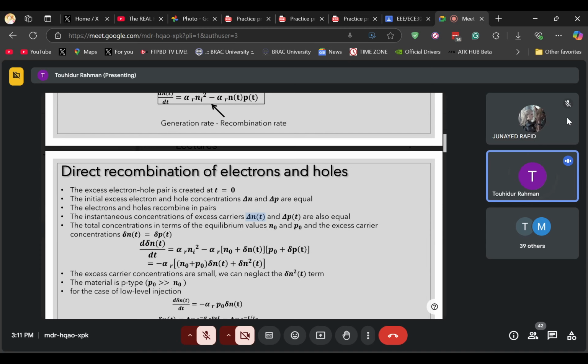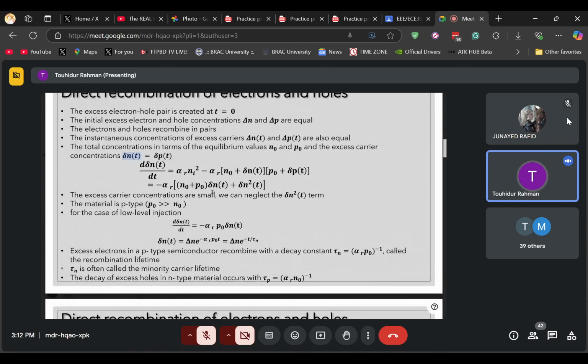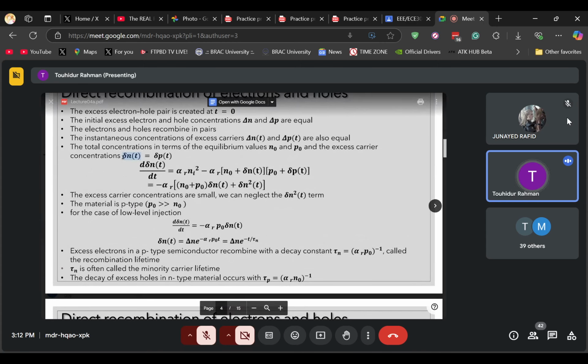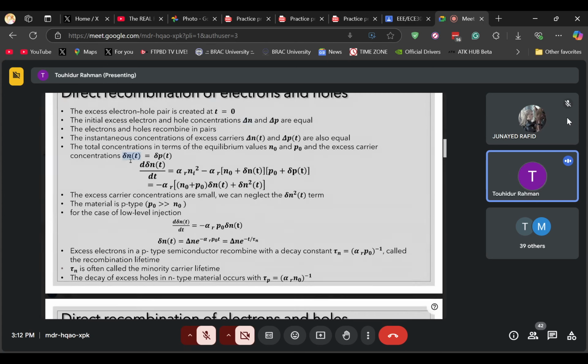And we know the excess carriers are equal because they are created as electron hole pairs. We are going to use this notation: this is the excess carrier at t equal to 0, and this one, del n(t), is a function of time.